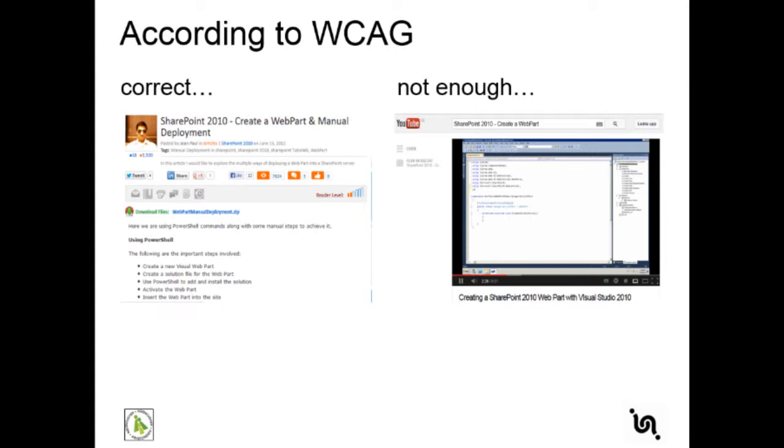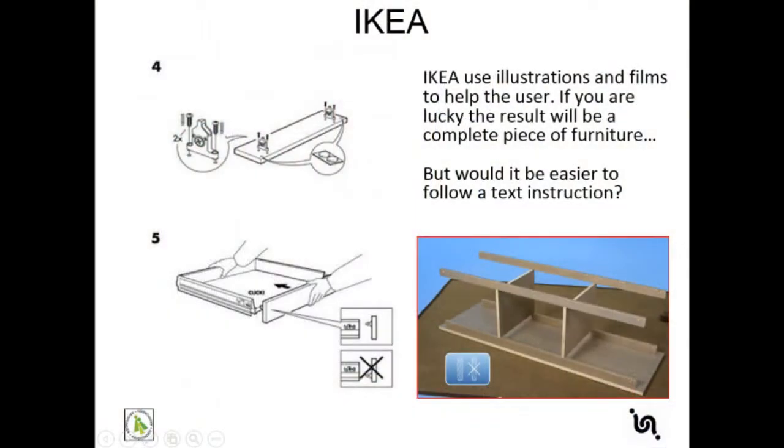It is necessary to add text. And if we then look at the Swedish company IKEA, perhaps you have bought something from IKEA, there you will have printed instructions that show you how to make your furniture. And they also have films. Talking to our contributors, we know that this is a cognitively easier way to get information, but it's not accepted in the standard.